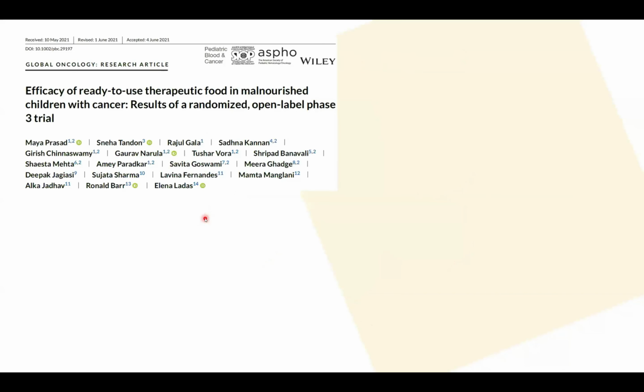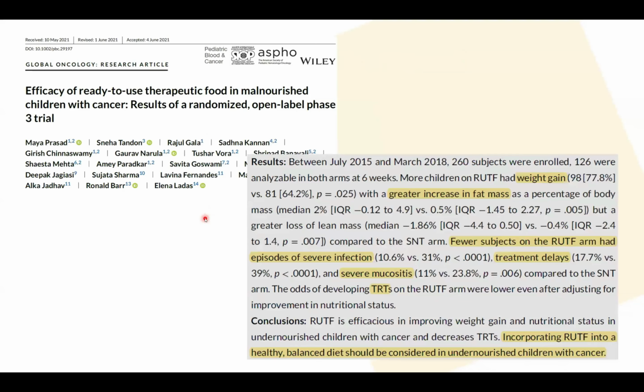So this study was conducted in India, TMH. They found if you introduce ready-to-use therapeutic food for our patients, they have noticed weight gain and great increase in the fat mass.